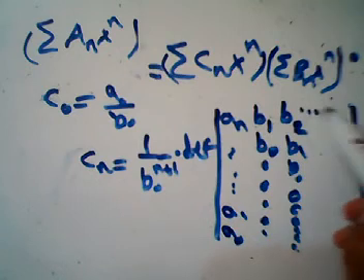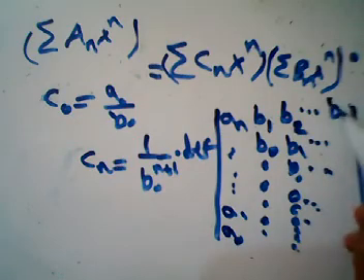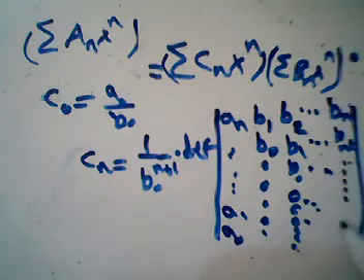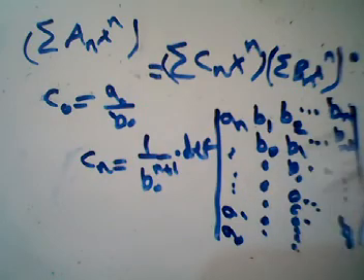And this is Bn, Bn minus 1, up to B0. I wrote it this way so it could be easily understood.